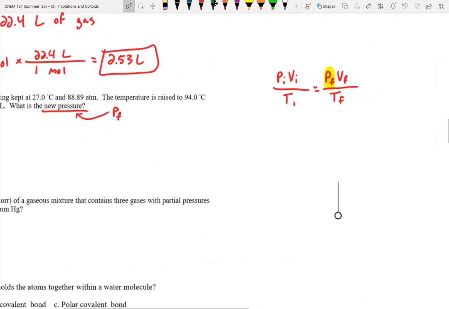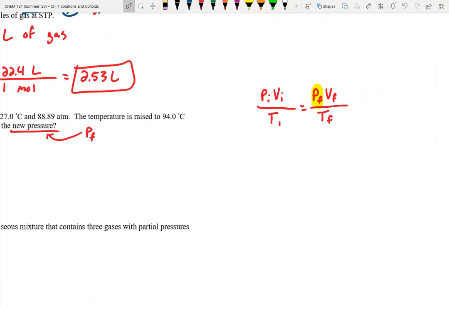Okay. So we need to solve for PF. First things first, I would multiply each side by TF. So PI times VI times TF over TI is now going to be equal to PF times VF.